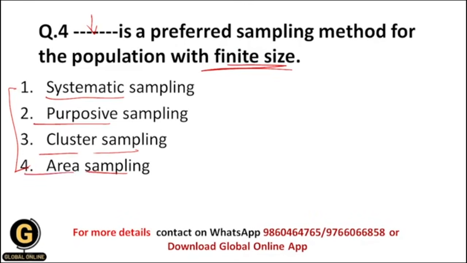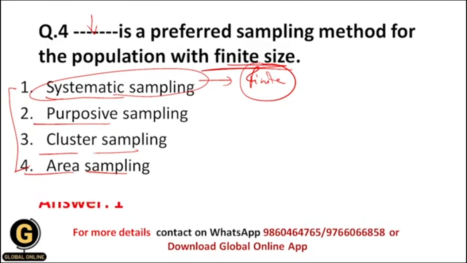As I have told you earlier in this video, in the systematic sampling technique we know the size of the population. That means the size of the population is finite over here, and that's why we are able to make intervals of the whole population, like 1 to 10, 10 to 20, and that's why whenever the population size is finite, then our preferred sampling method is systematic sampling, okay, which is a random sampling technique.